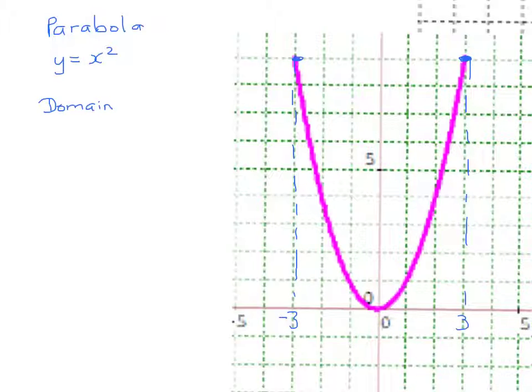So x is in between those values, -3 on this side and 3 on this side. So we can say that x is greater than or equal to -3, and it's less than or equal to +3 between those values. And that's probably about all we need to say on that graph.